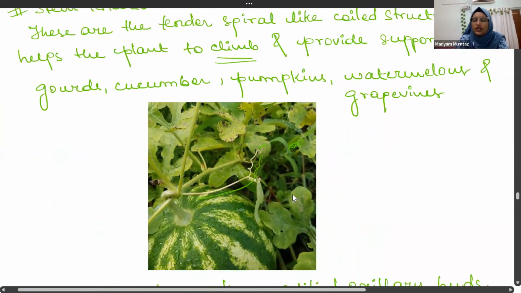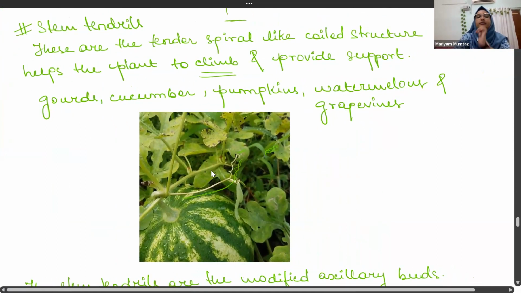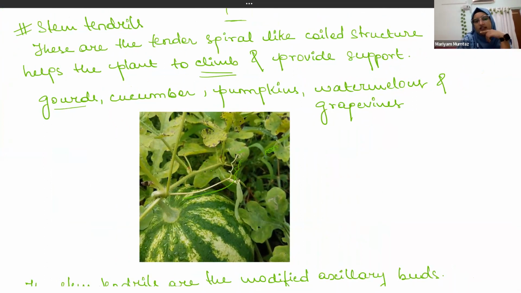And what are the examples? The examples are gourds, all the bitter gourds and bottle gourds, all those come under this. Then there is cucumber, there are pumpkins, watermelons, and grape vines. Even grapes, the plants of grapes, have you seen them? The grape plants also have tendrils.